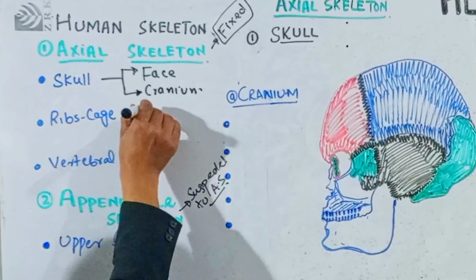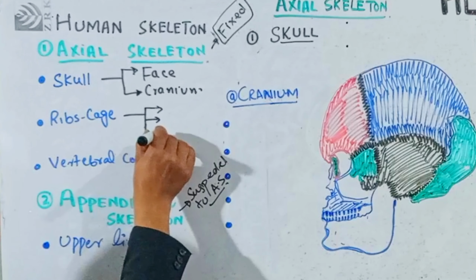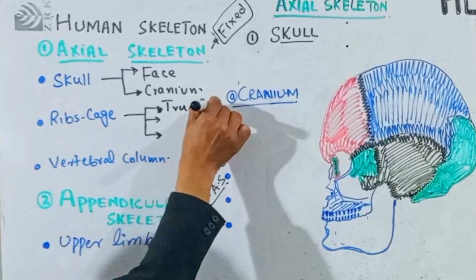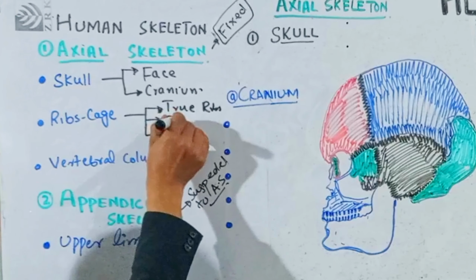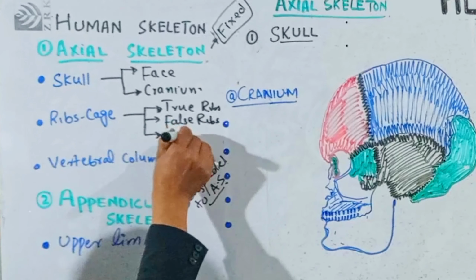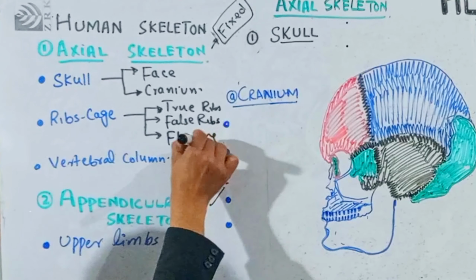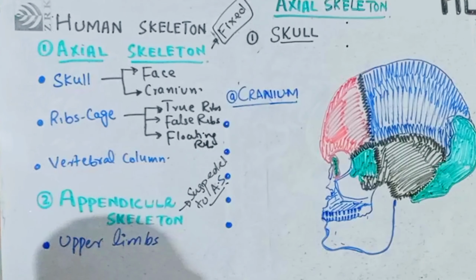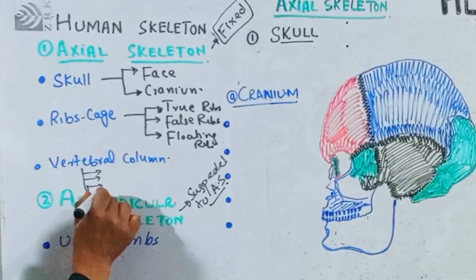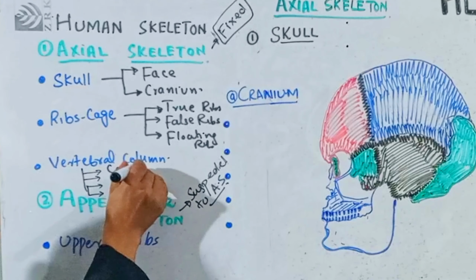The ribs cage is divided into three further parts: true ribs, false ribs, and floating ribs, right?